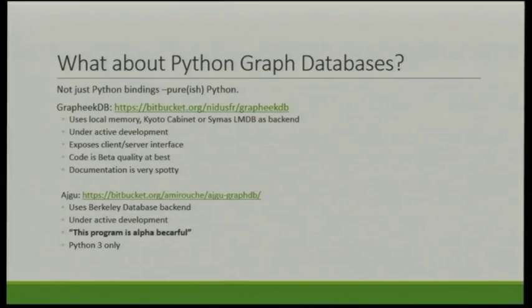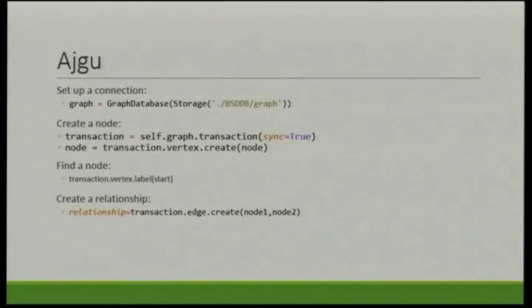So, a little bit of Adu: you tell it where you want it to put a Berkeley database. If you've got a distribution that has Berkeley database installed and set up, with a set of libraries all ready for you, that's great.